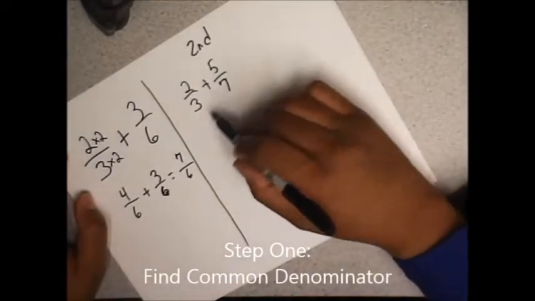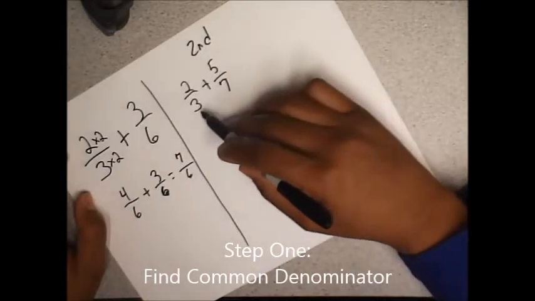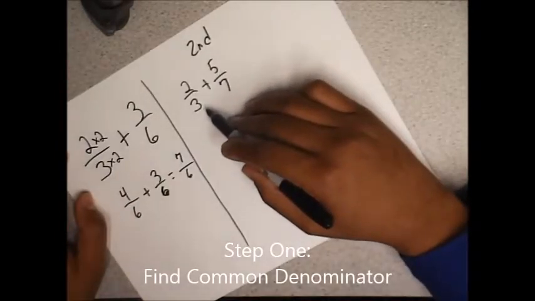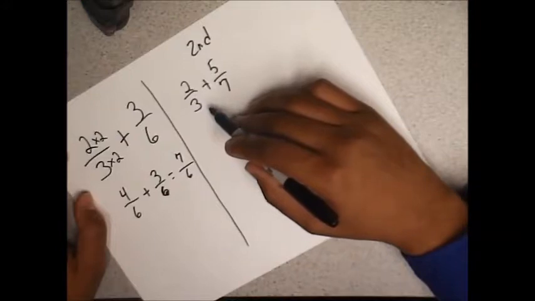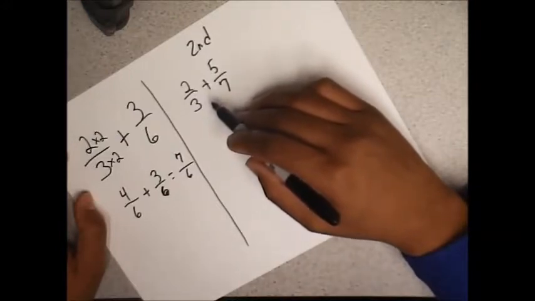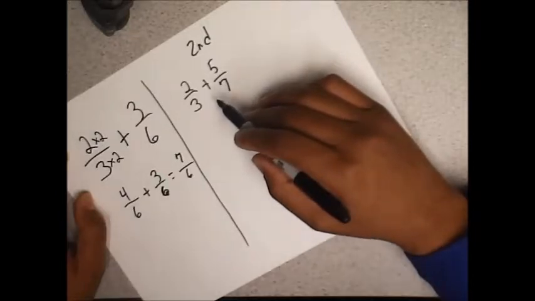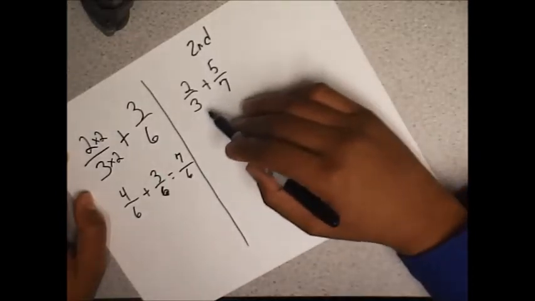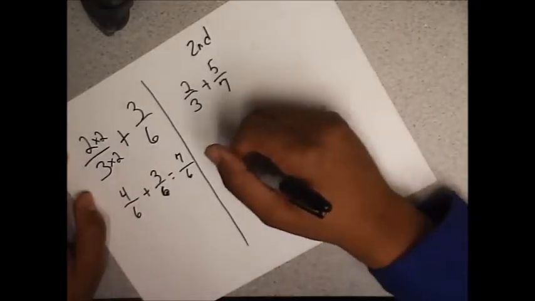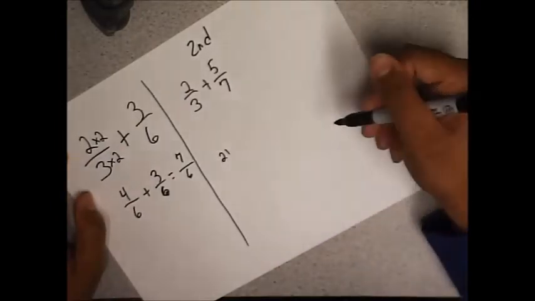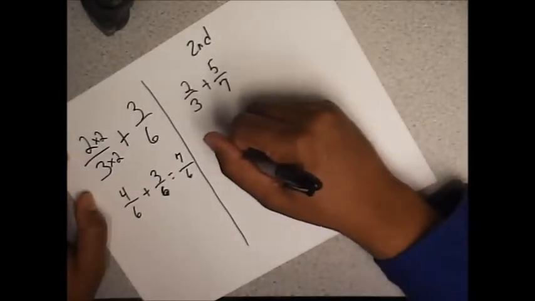Okay. So for a common denominator, 3 times 2 is 6, times 3 is 9, times 4 is 12, times 5 is 15, times 6 is 18, times, 3 times 7. Okay, 3 times 7. So 21 would be my common denominator.